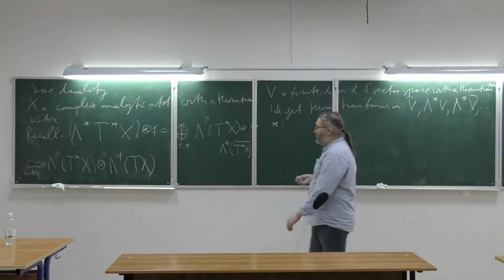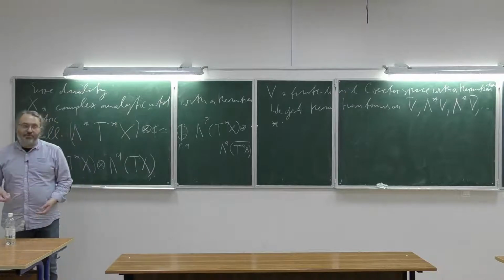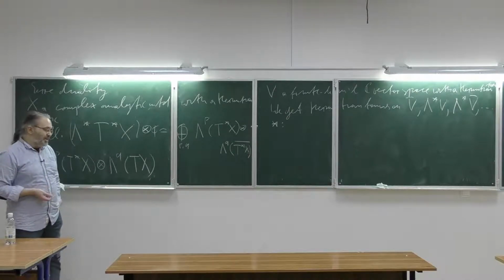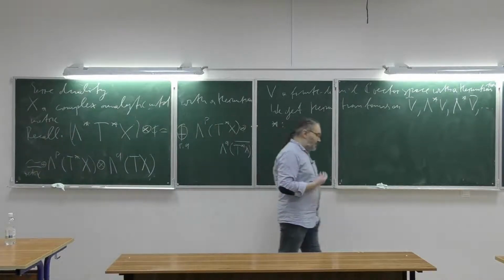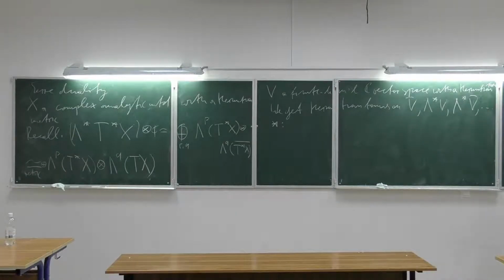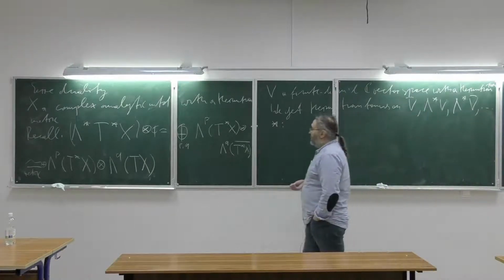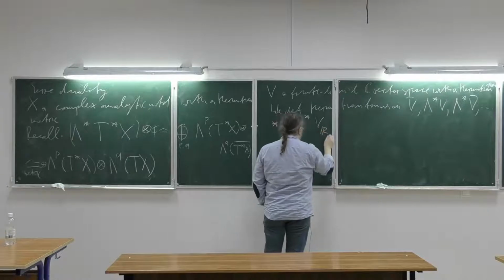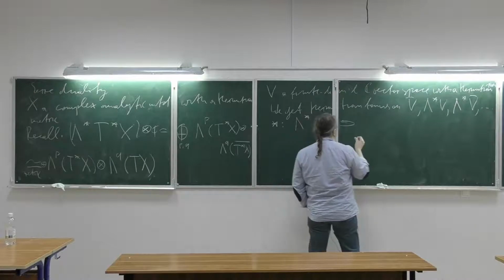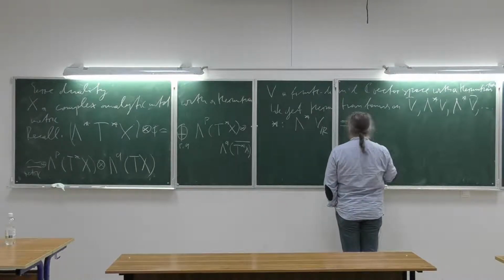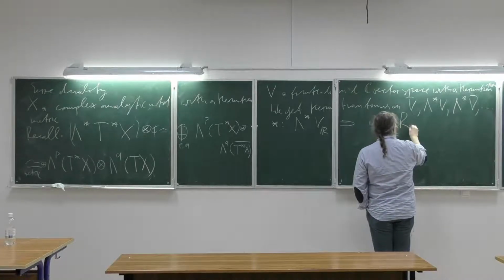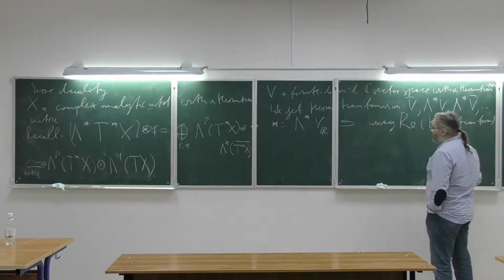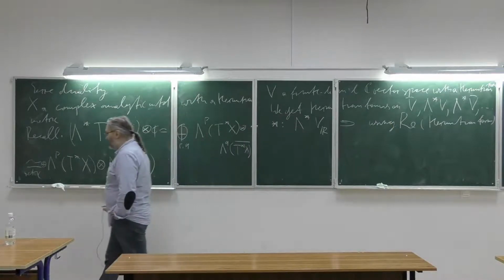Well, the real part of the Hermitian form is a Euclidean, a symmetric bilinear form on V, considered as a real vector space. Using the real part of the Hermitian form.